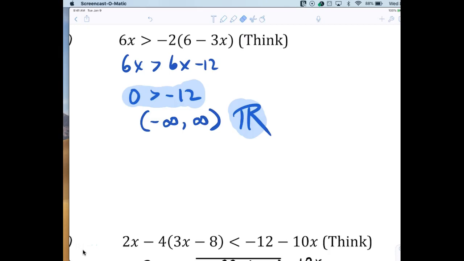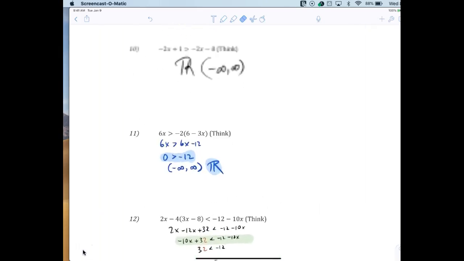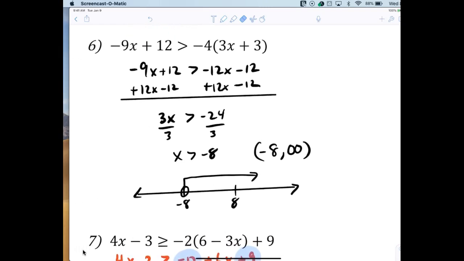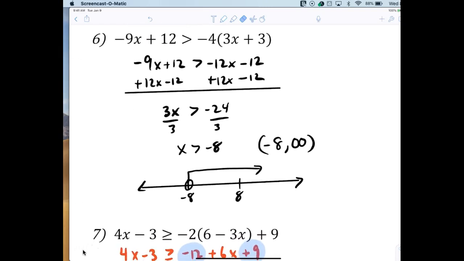40. 6. Everything making sense? Good. 20.